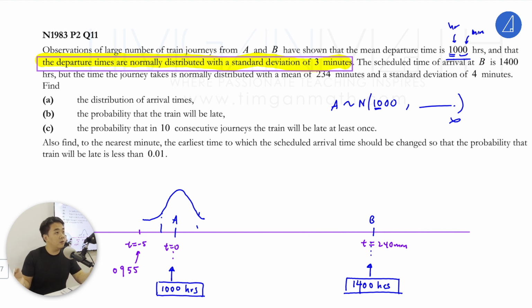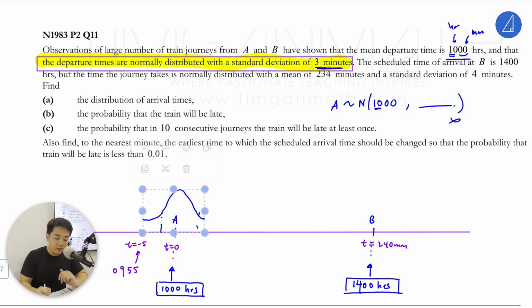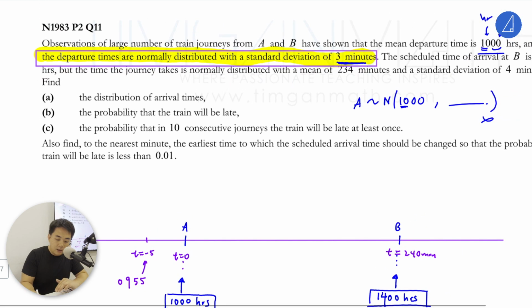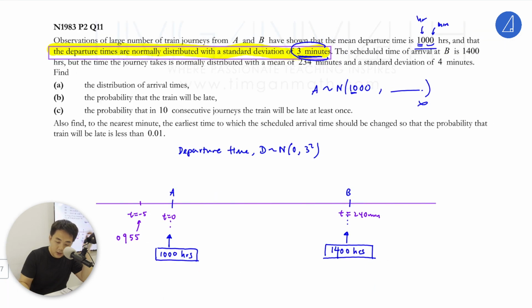But if you are waiting for passengers to arrive, you can leave later. So this just says that you have a 3 minutes standard deviation at the departure time. You just center it at 0 with variance 3 squared. Understand that you may leave early or late based on the situation.